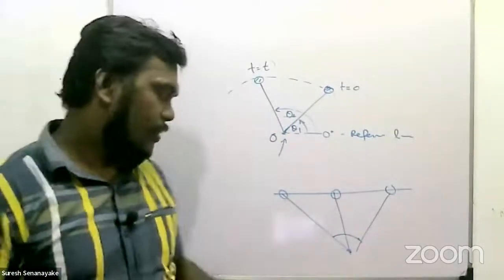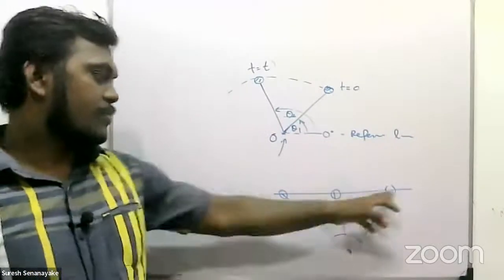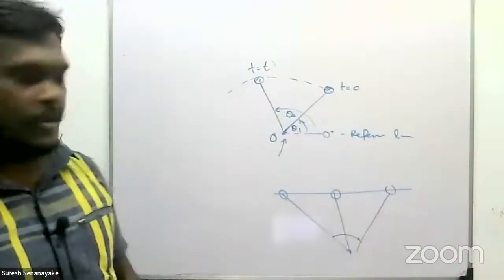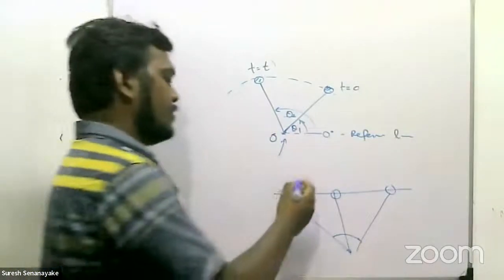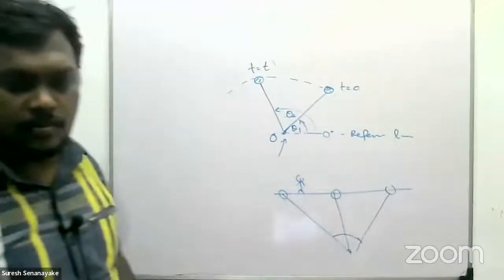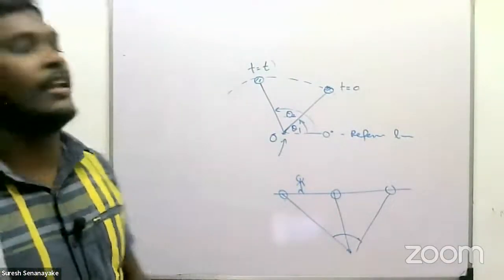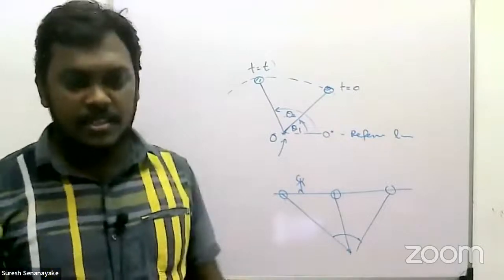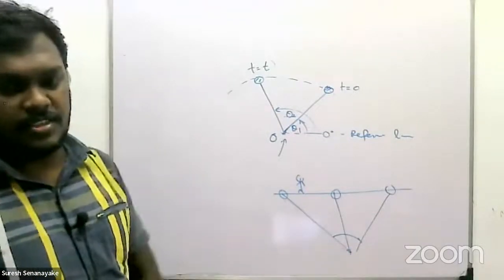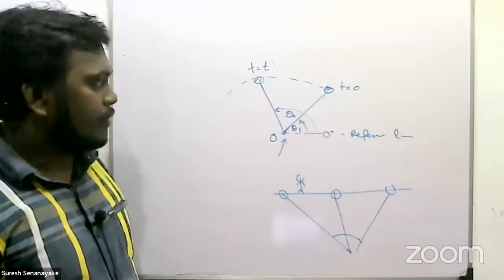So according to the observer here, we can consider this motion as an angular motion. But according to the observer sitting along this line, it's a linear motion, right? Mostly the angular motions we consider are in a curved path, for ease of study.